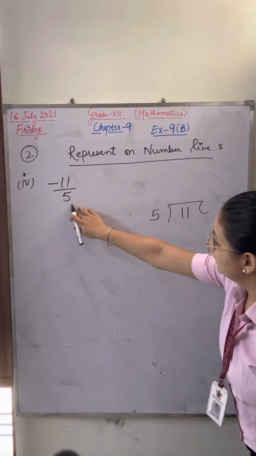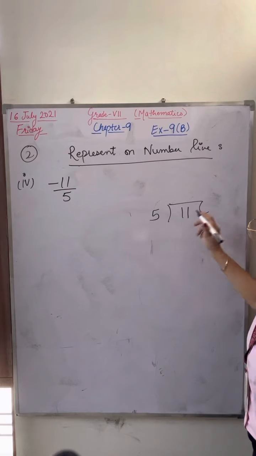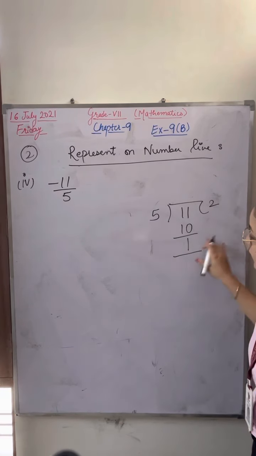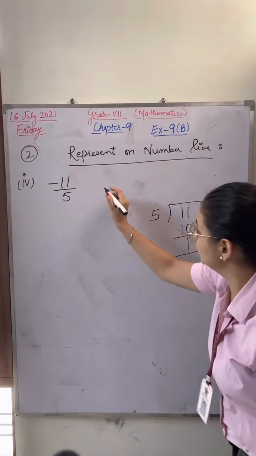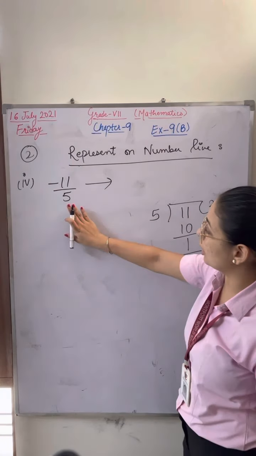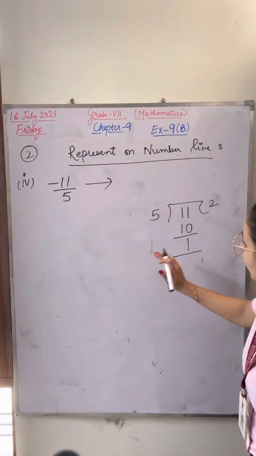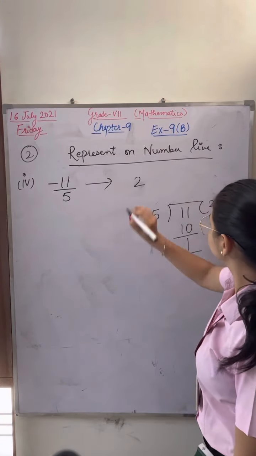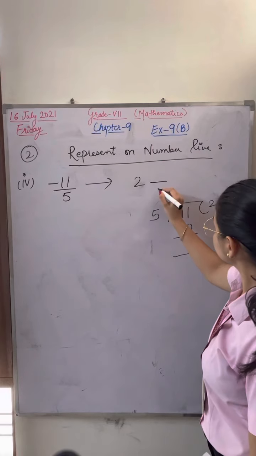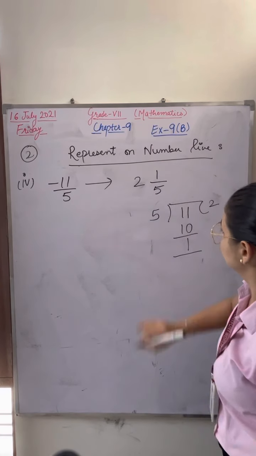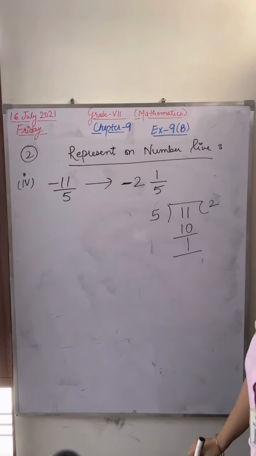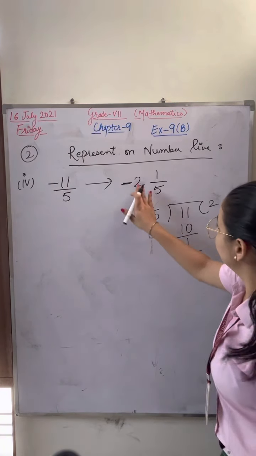Now go for the division. 5 2s are 10 and 1 is left. So write it in the mixed fraction. If the denominator is smaller, then you have to write it in the mixed fraction. 2 will come here, 5 will go down, and 1 will come here, and the minus sign will be here.